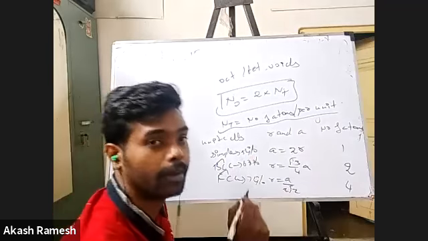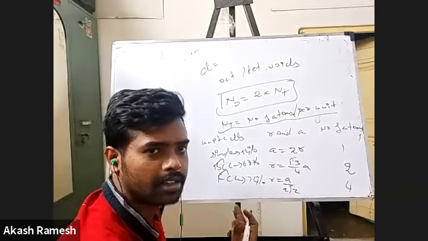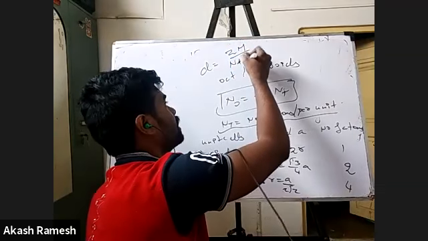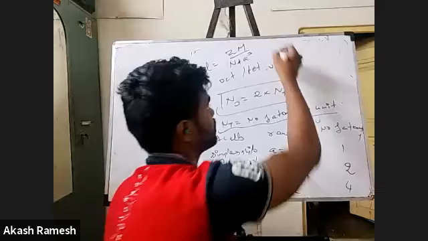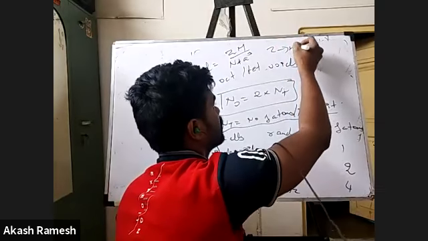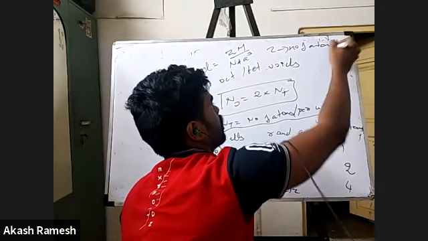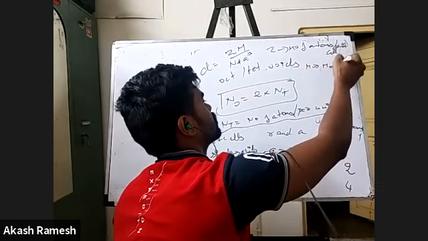And there is one more formula which you have to know, that is the density formula. It's again a simple formula: ZM by Na into a cubed. Where Z is the number of atoms per unit cell, which is constant for a particular unit cell, and M is the molar mass.